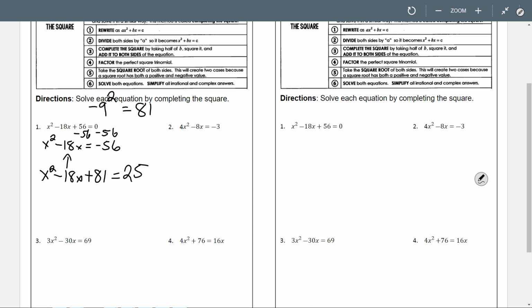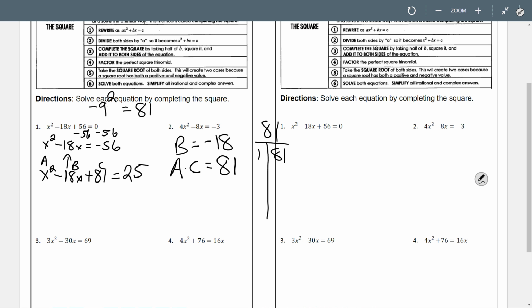We label A, B, and C. We need to find factors that add up to B, which is negative 18, and multiply to be A times C. This should be familiar. A times C is 81. Let's do our factors of 81. 1 and 81, can that get us to 18?